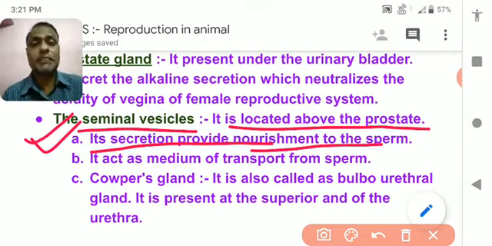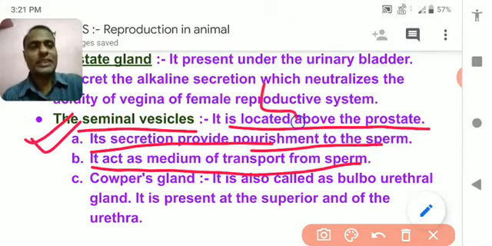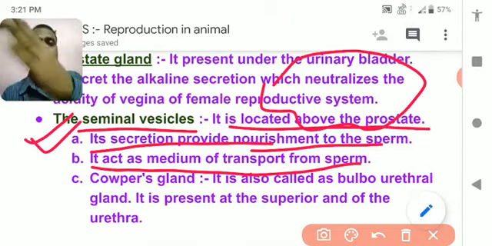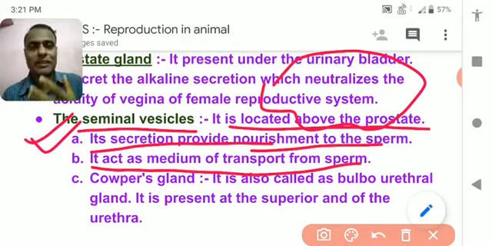It contains some food materials for the sperms. It acts as a medium for transport. It is a watery solution which helps in the movement of the sperms. Sperms are just like fish, and without water fish cannot move, no? In the same manner, it provides the medium, a water-like fluid, which helps in the movement of the sperms.